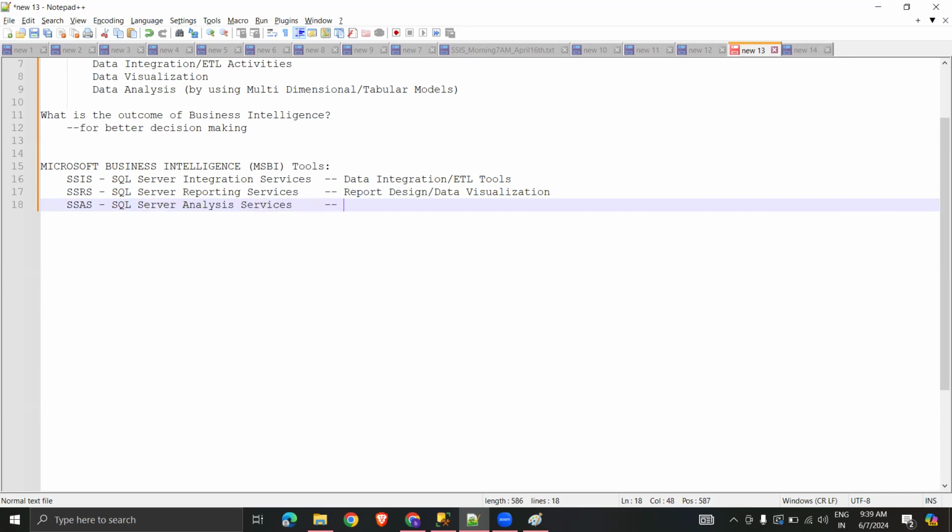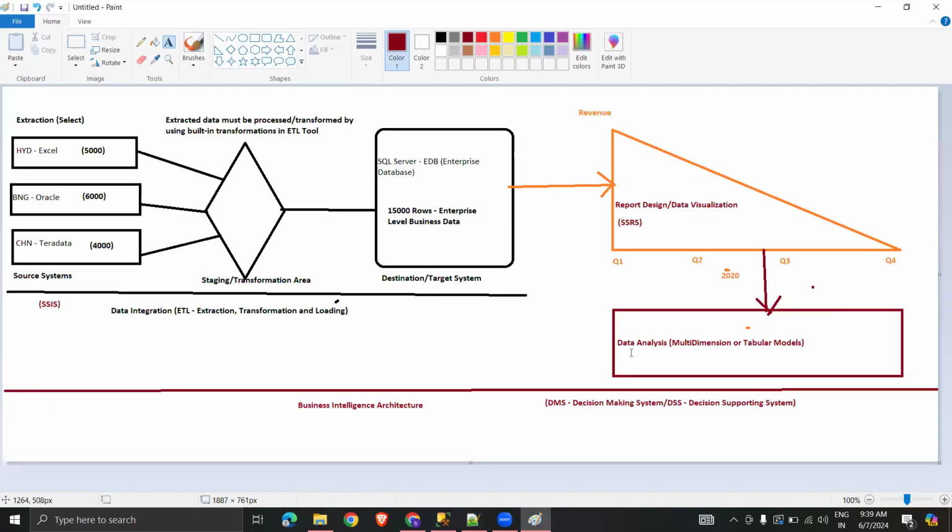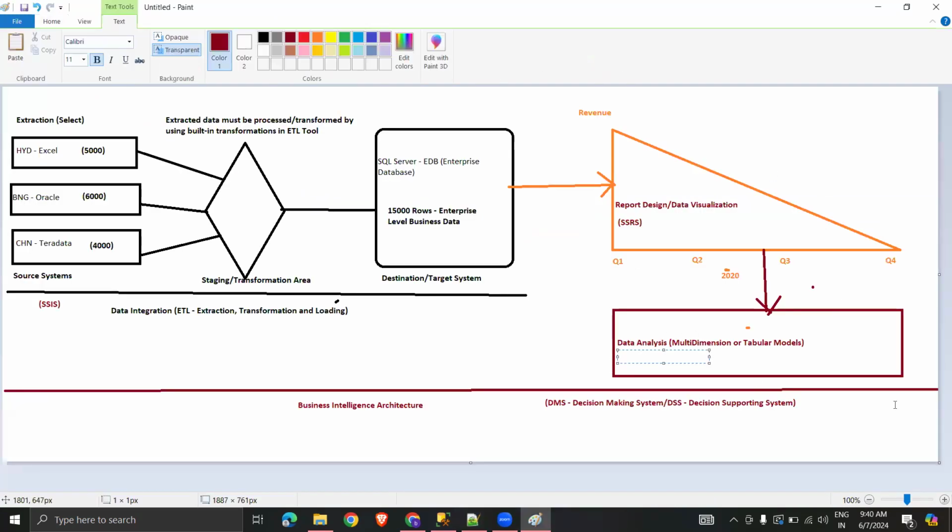The purpose of this one is data analysis by using models. What are the models we have? Multi-dimensional models and tabular models. So now tell me, sir, this particular activity can be achieved by using SSAS.